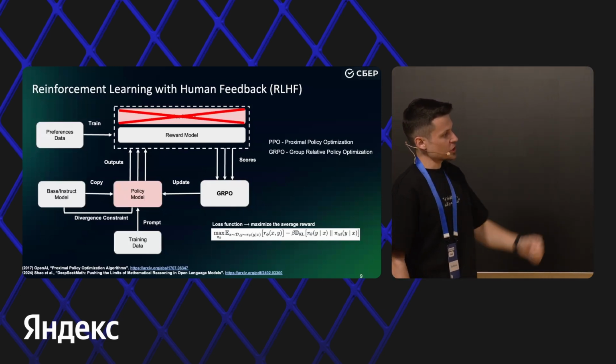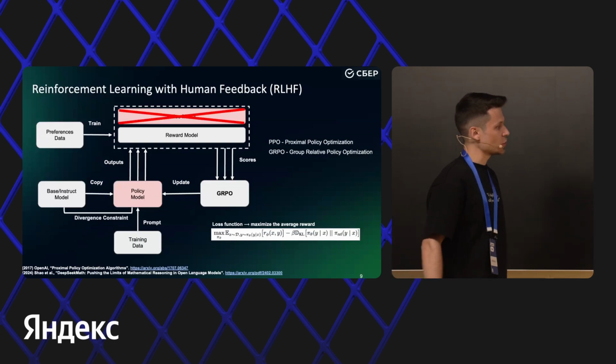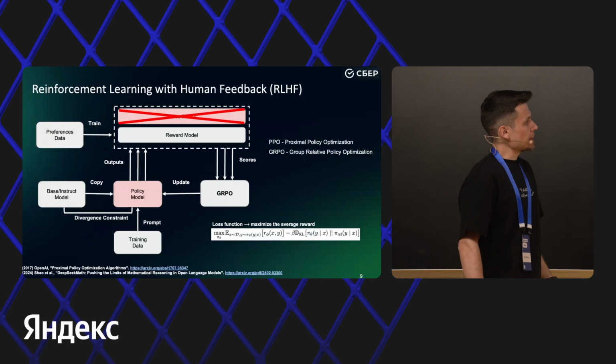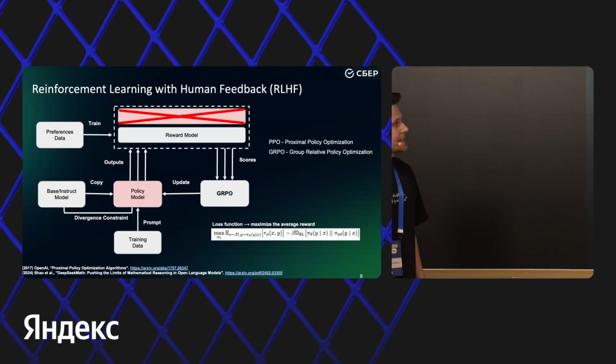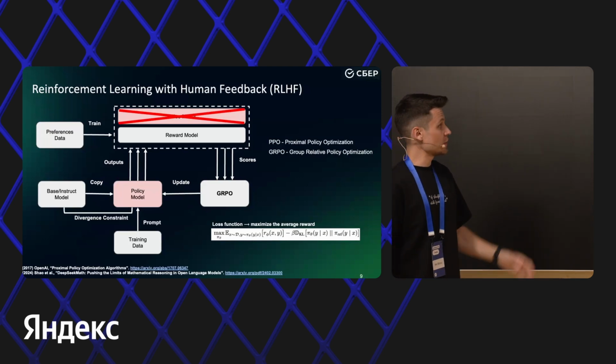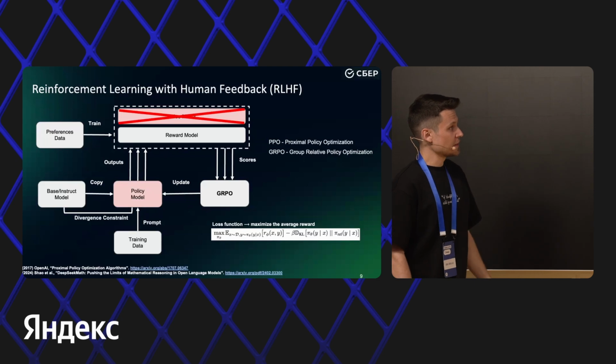In the loss function, they try to maximize the average reward of these group rewards. The main advantage of GRPO is that it reduces computational cost, because they remove the model that we also update during the training.